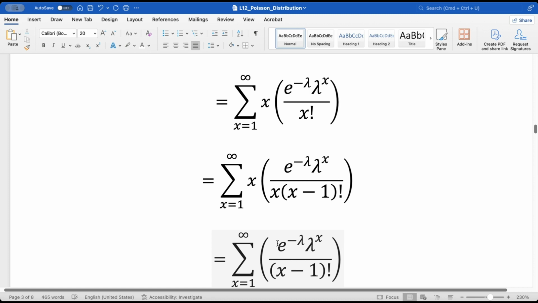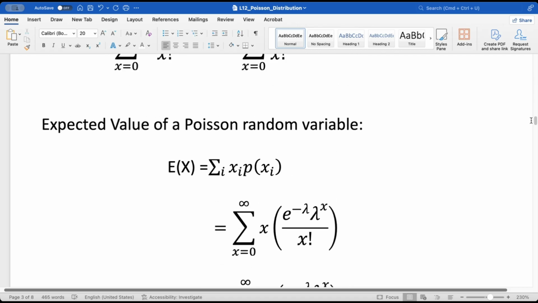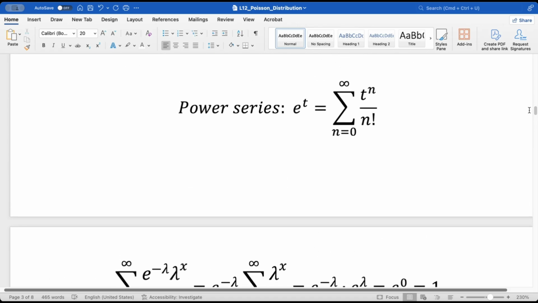Now, e to the minus lambda is constant and x is changing, so we can factor out e to the minus lambda. So now we almost have it in the format of the power series for e. We need this exponent to match the denominator term. In the series for e, we need the exponent expression and the factorial on the bottom to be the same expression.